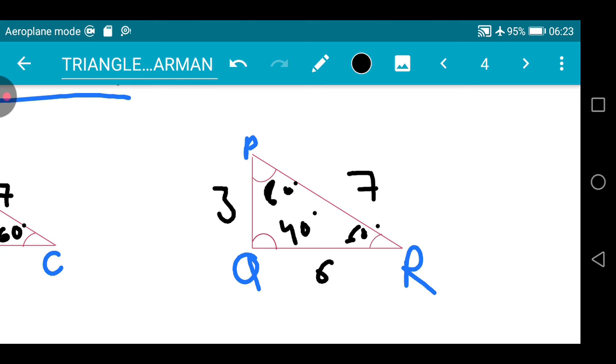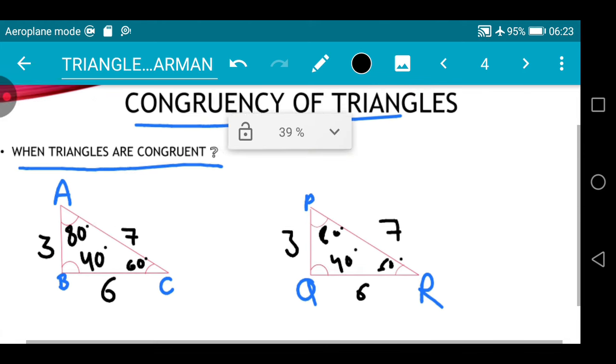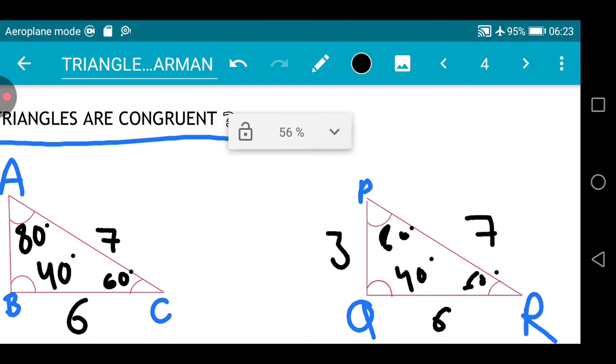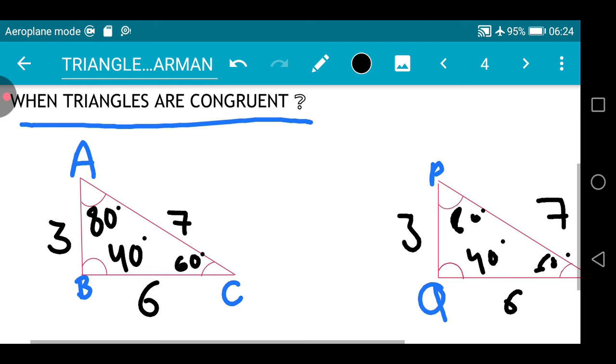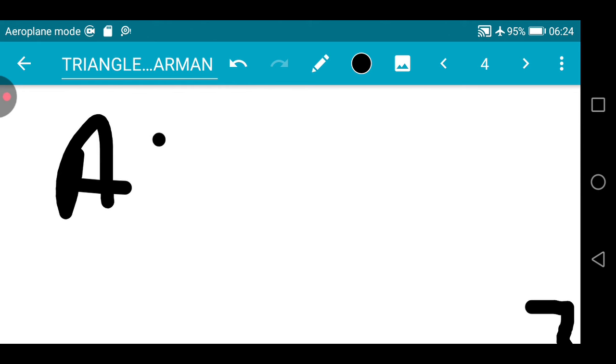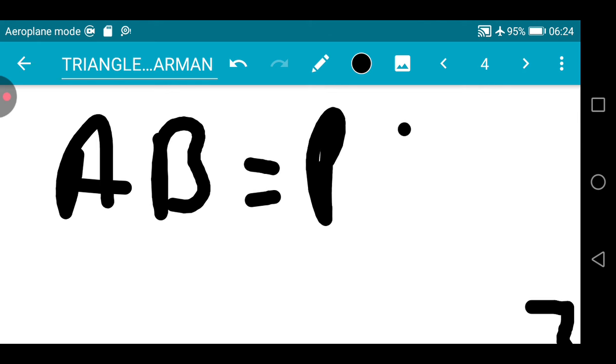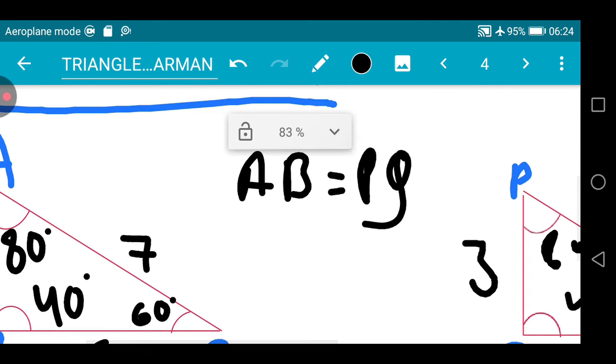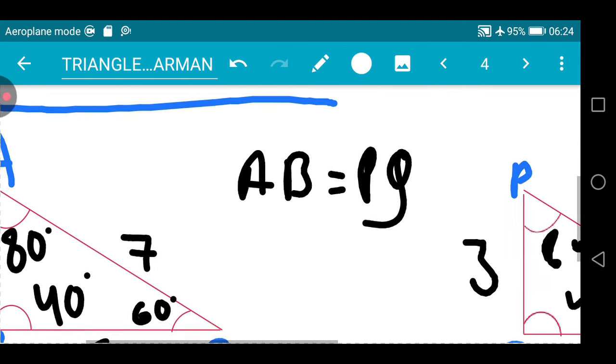If you have to make triangles congruent, how will you do it? Same shape and same size. Why are they congruent? Because they have the same shape and same size. We can see AB equals 3 and PQ is equal to 3, so AB equals PQ.